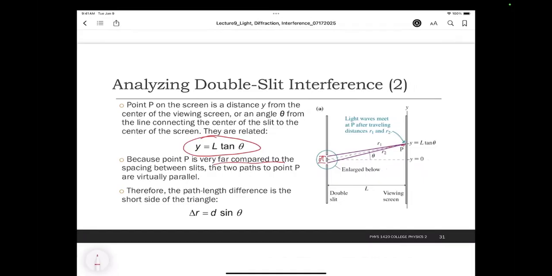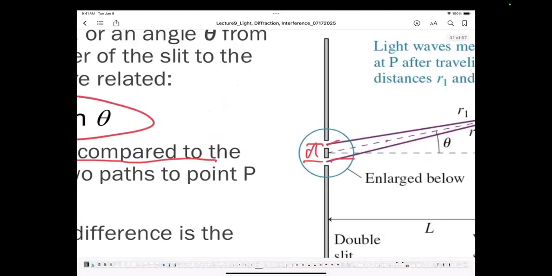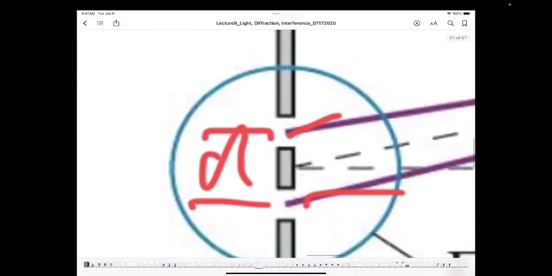The point is very far compared to this d, so if you zoom in, those two paths seem parallel. Does it make sense to you?